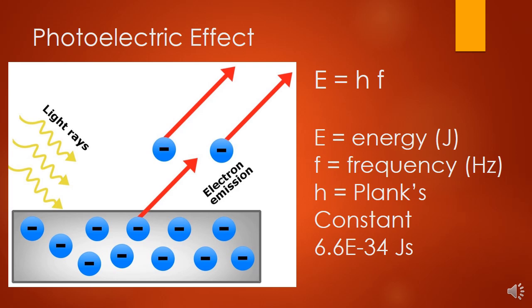We shine light onto certain metals, and these metals like to give off electrons when light is shined onto them. We can measure the energy of the electrons, and we know that light is coming in certain amounts of energy. And those little packets of energy are ultimately photons.